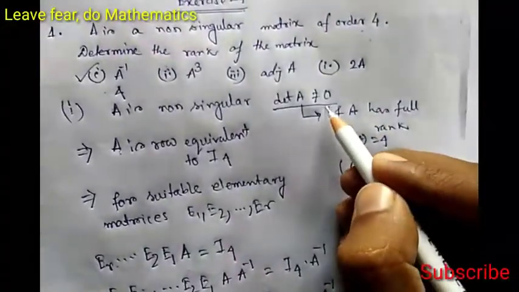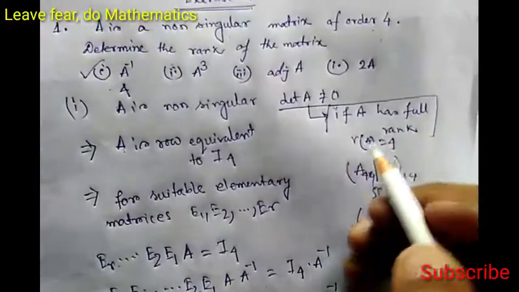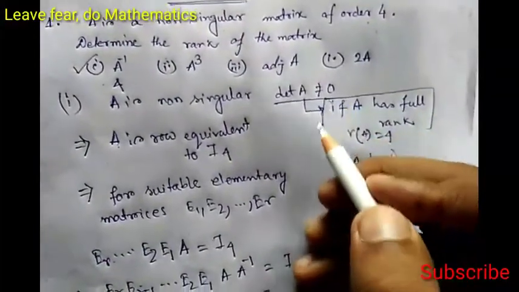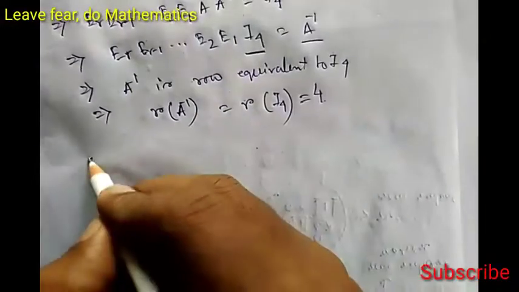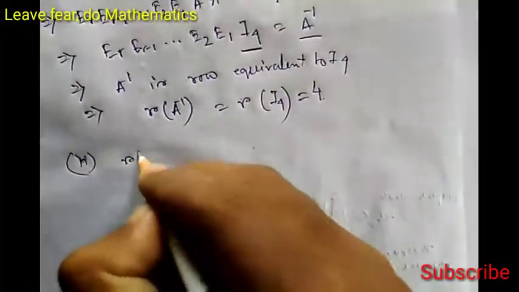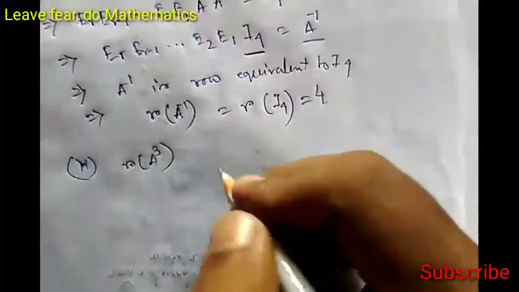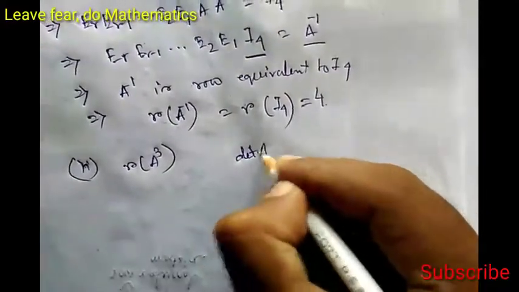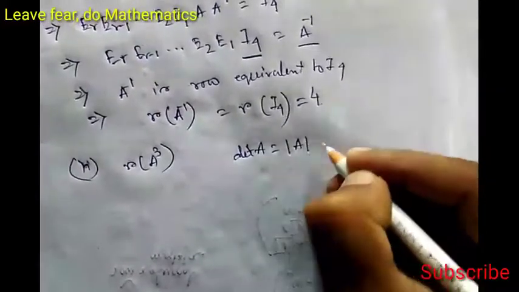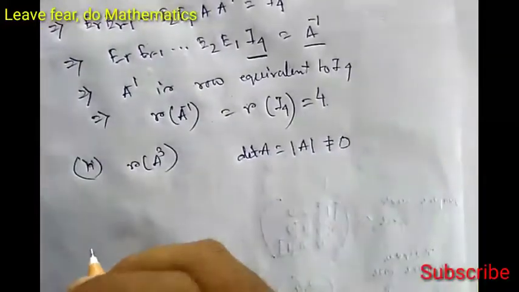Now we will prove A cube. Here is a very important note: if A has full rank, then the determinant is not equal to 0, or otherwise, if the determinant is not equal to 0, then A has full rank. We are given that A is non-singular, so determinant of A is not equal to 0. For option 2, we have to find the rank of A cube.